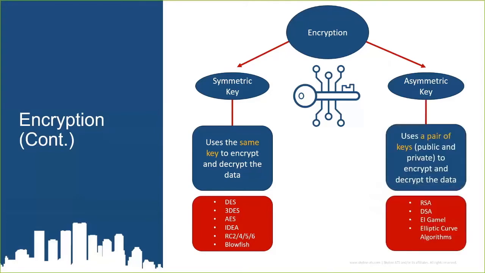Asymmetric encryption uses a pair of keys, usually a public and a private key, and sometimes also relies upon what's called a PKI architecture, or a public key infrastructure architecture, to actually implement the encryption and the decryption of the data. And so again, what you're looking at here is a timeline with regard to both symmetric key and asymmetric key encryption.